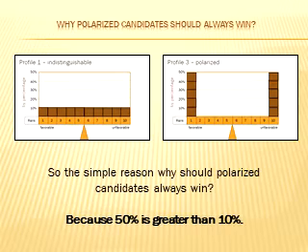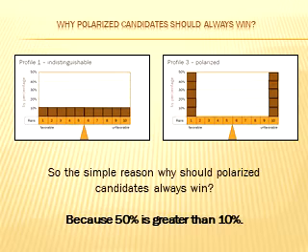Simply stated, indistinguishable candidates' rankings get spread across 10 ranks with an average of 10%. Polarized candidates are almost exclusively ranked first or last, averaging 50%.